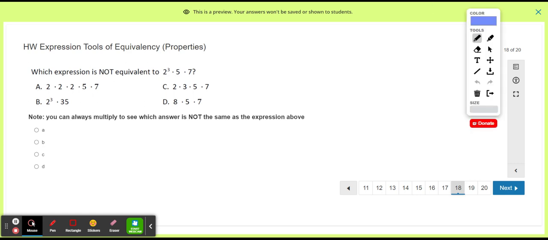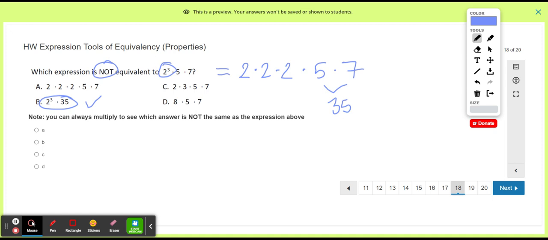So number 18, which expression is not equivalent? So we can expand out the exponent. So we've got 2 times 2 times 2 times 5 times 7. 5 times 7 is 35.